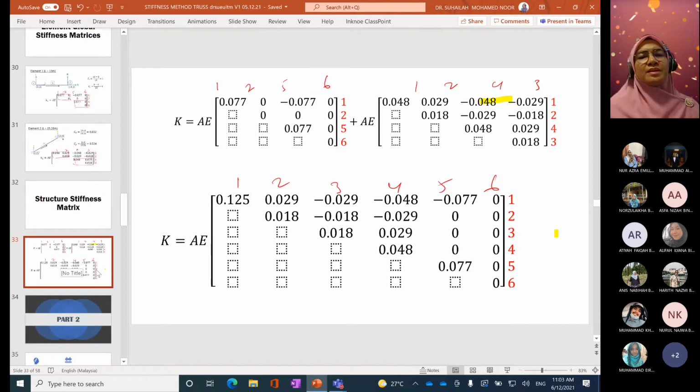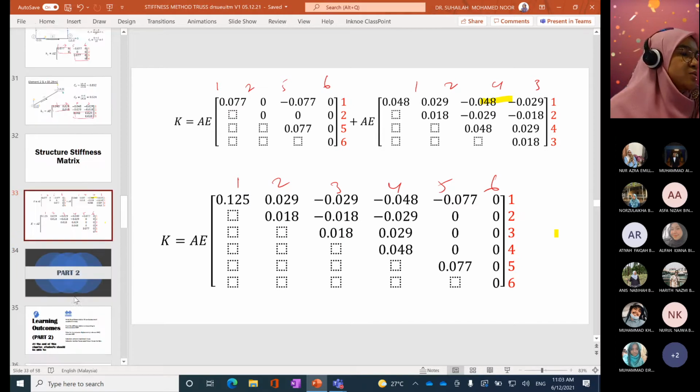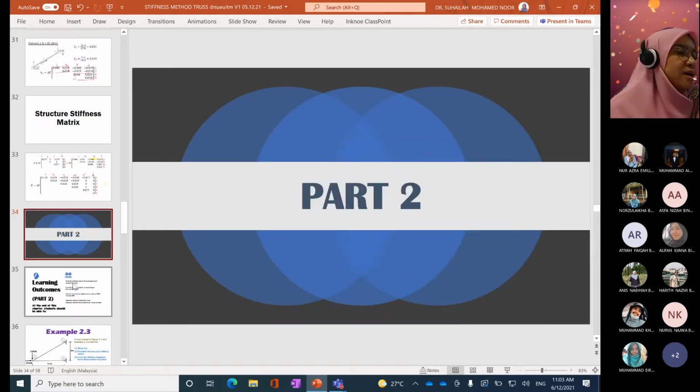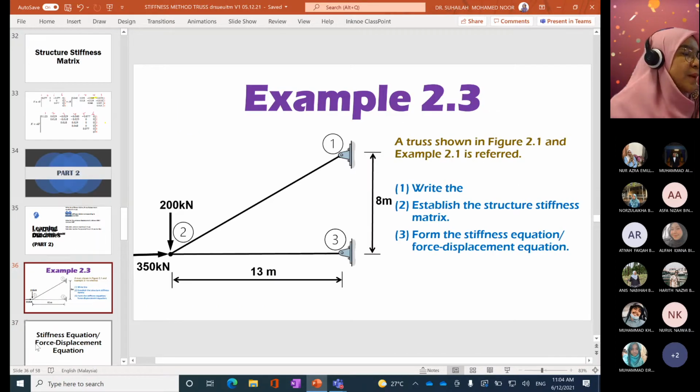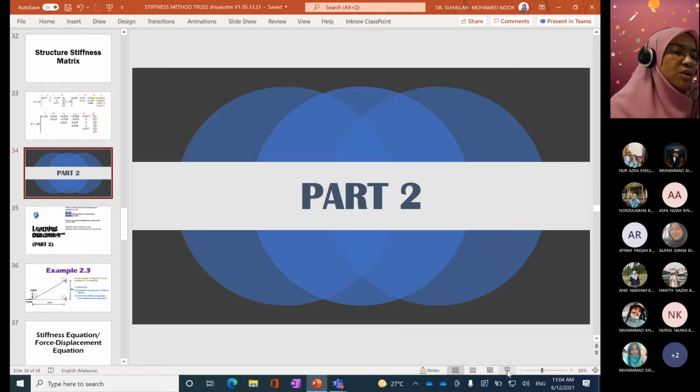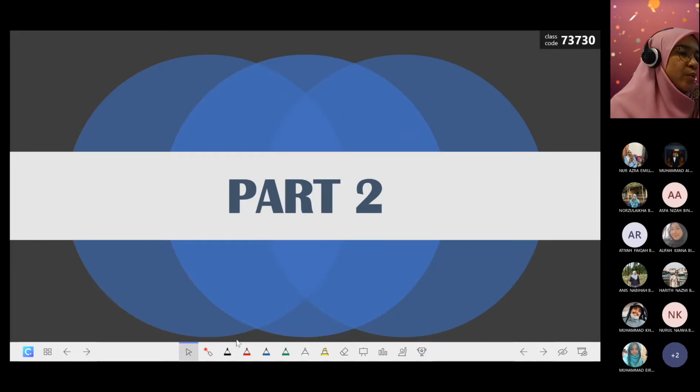Konsep ni sama untuk beam. Cuma part 2 ni saya nak fokus. Saya nak arrange balik notes. So part 2 actually saya nak fokus on equation Q is equal to KD equation.